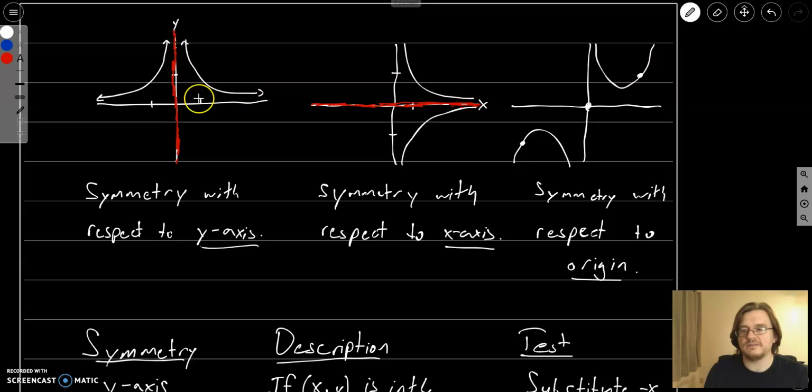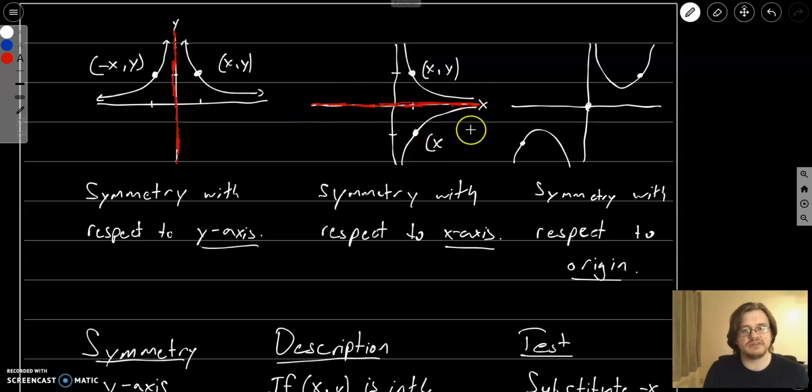And what I'll do is I'll point out a few points in here to help make sure that this is clear. If I pick a point x, y on my graph somewhere, if we have symmetry with respect to the y-axis, this point should appear on this side. And again, the height, because we're flipping across the y-axis, the height doesn't change, but the x value goes from being positive to negative. Whereas if we flip over the x-axis, whatever point we find in the graph, if we flip it across the x-axis, the x value doesn't change.